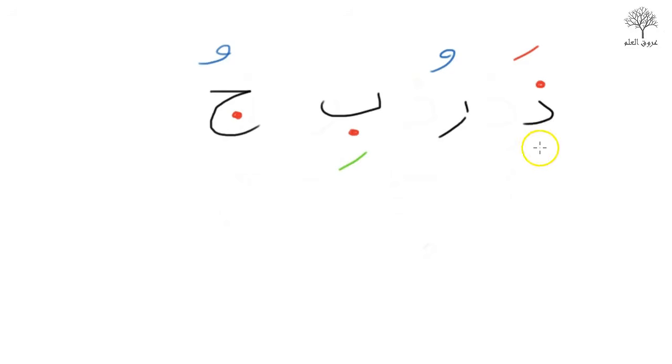Okay, so this would be the, this would be ru, this would be bi, and this would be ju. The, ru, bi, ju.